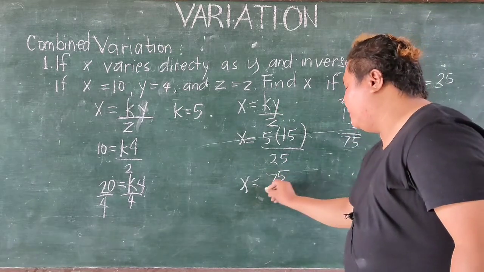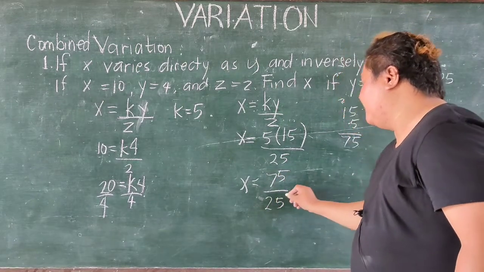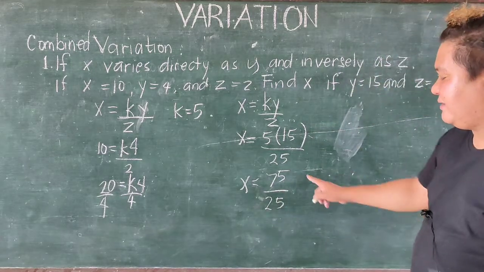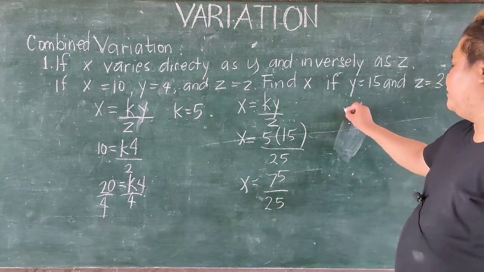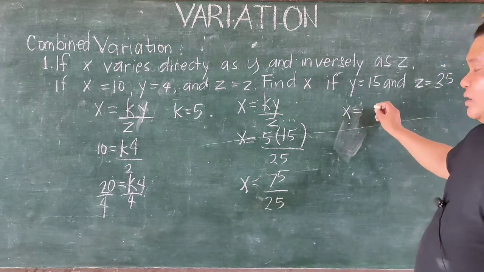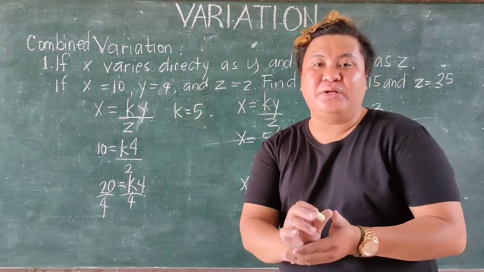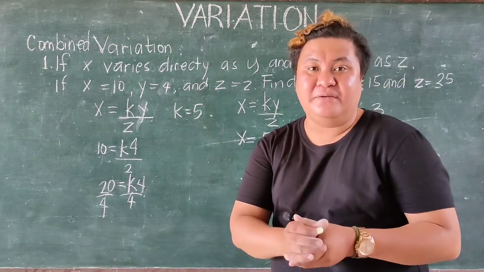So 75 over 25. Divide them, 75 divided by 25. Your x now is equal to 3. That's it. That is how you are going to solve a combined variation.